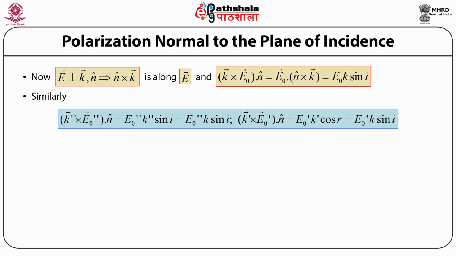And this is equal to E naught double prime times the wave number k of the incident wave times sine of the angle of incidence. Again, since the wave number of the incident and the reflected wave is the same, because the material medium is the same.